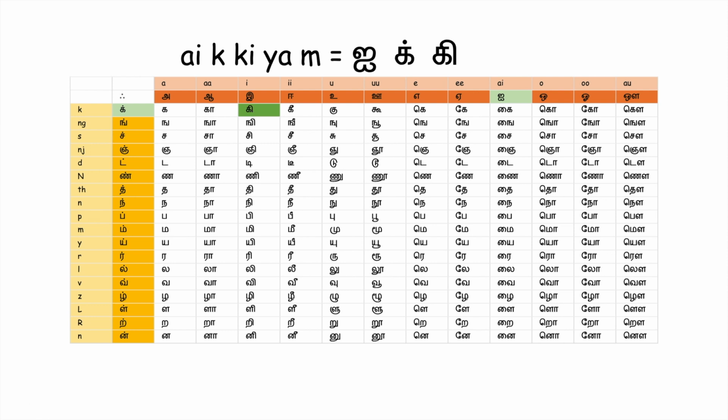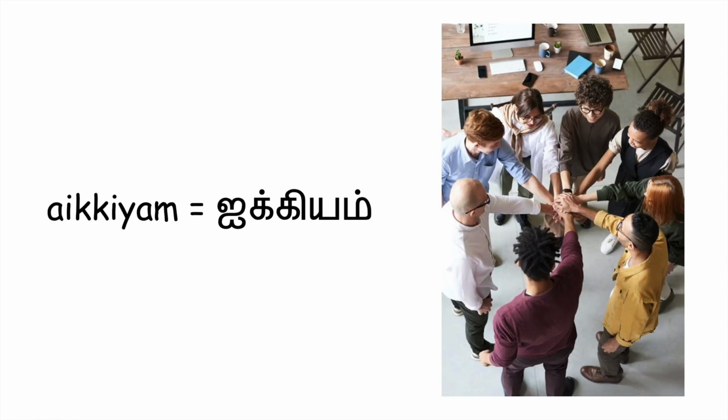Ya is y plus a, so y is over here, a is over here, so ya is this one. And finally we end with the stop sound, which is in the consonants column right here. So unity in Tamil is Aikyam.